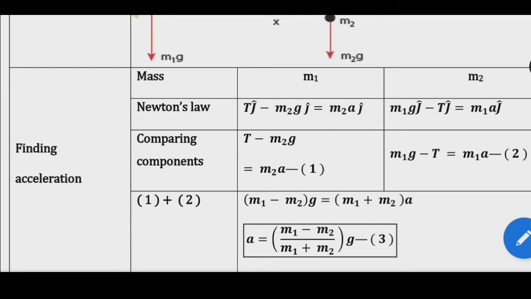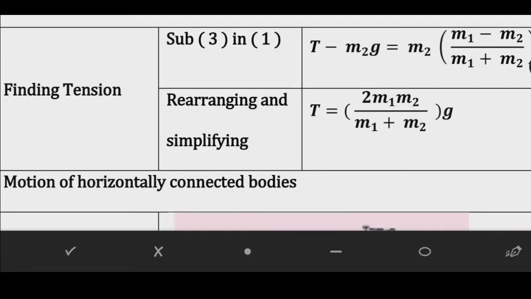If both the masses are equal, so M1 is equal to M2, from equation 3 we get the answer a is equal to 0. Next, finding the tension. Substitute equation 3 in 1.